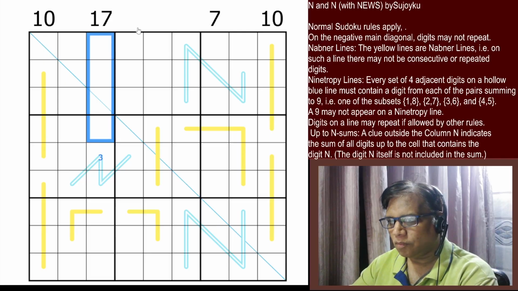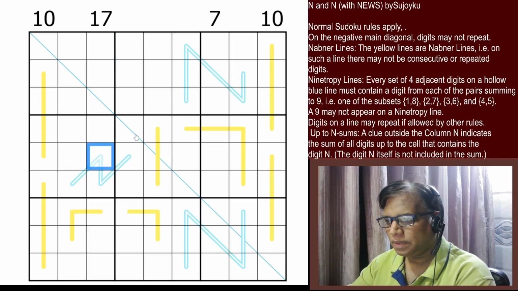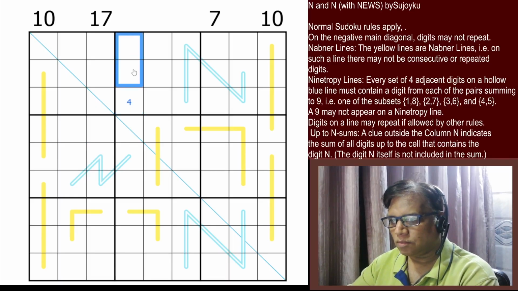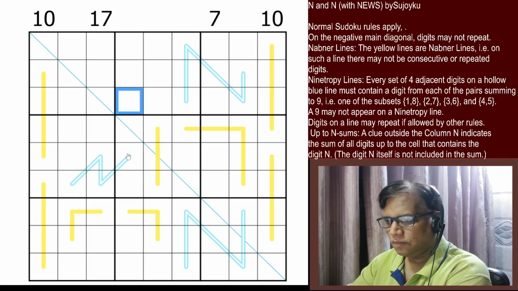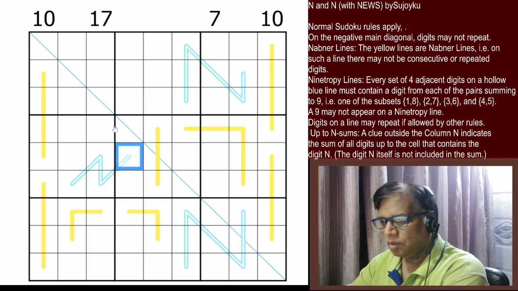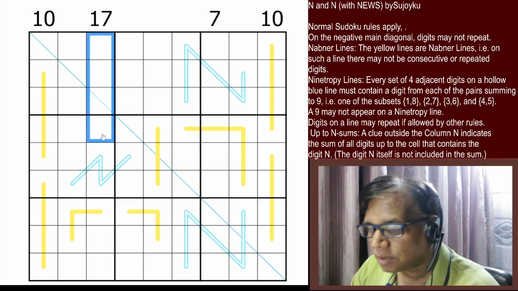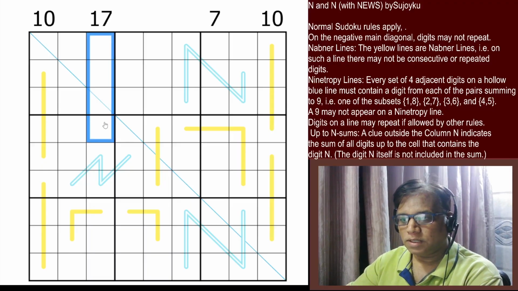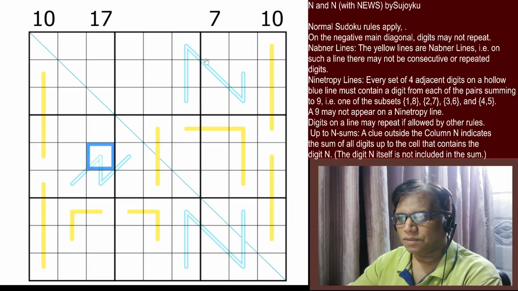If 17 were in this column, then it would have been the number 4. So if the number 4 is occurring here, then the sum of these digits must be 17. But now, because it is the third column, the sum of the digits till the number 3 will be 17. Here also, this is I think 1, 2, 3, 4, 5, the 7th column.